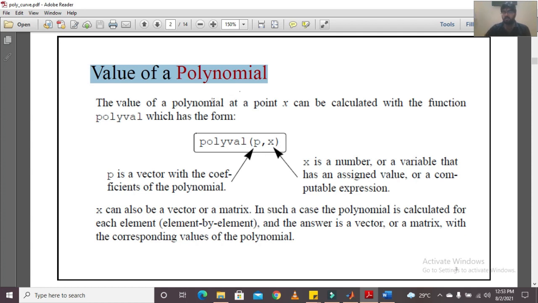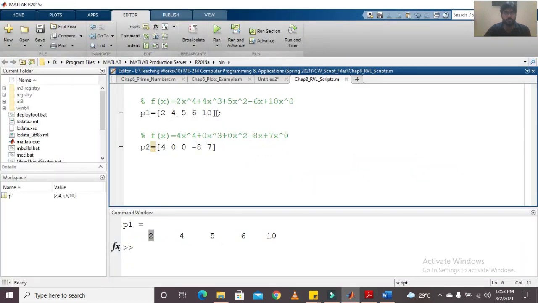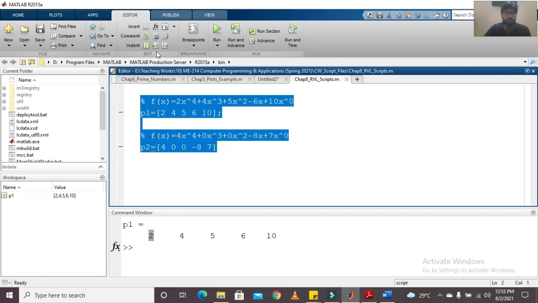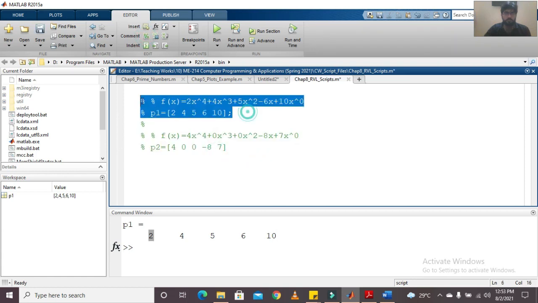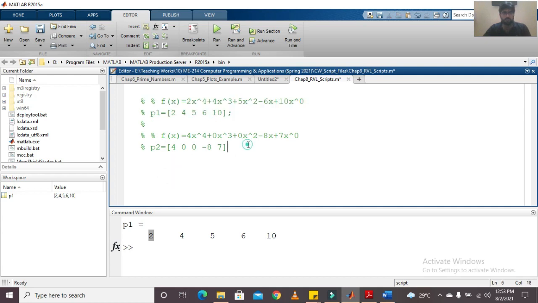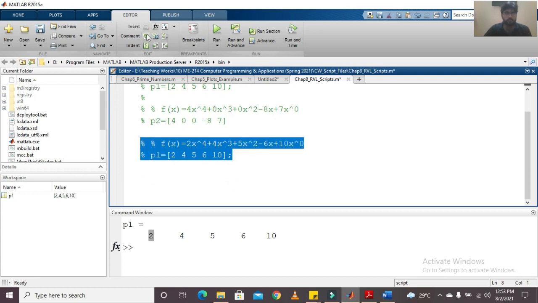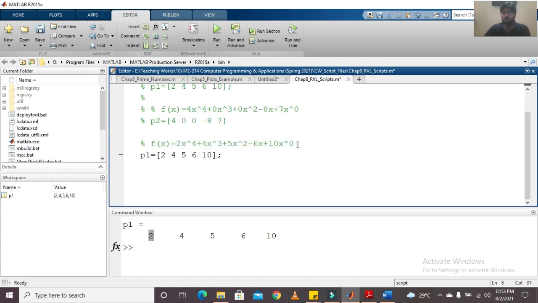Let's say I have this polynomial, the same polynomial which I have already explained to you.